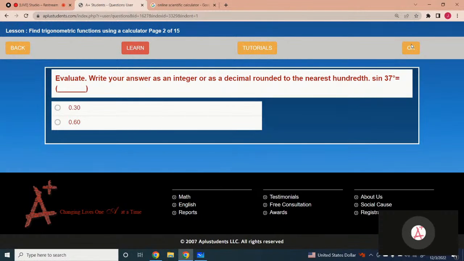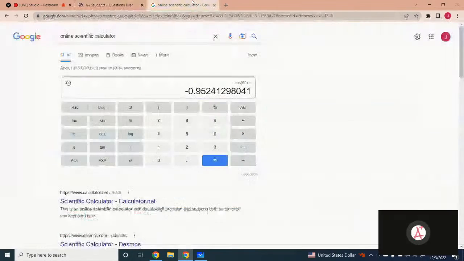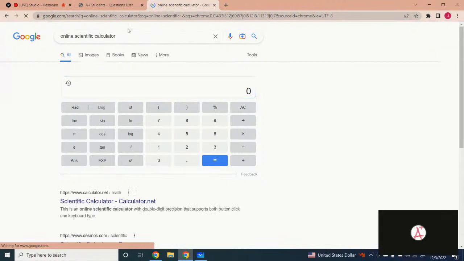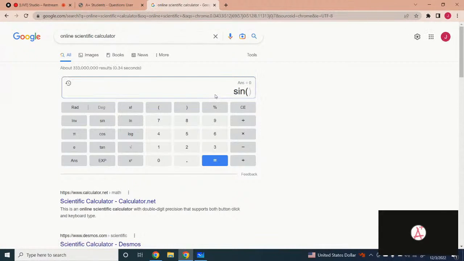Okay, evaluate your answer as an integer or as a decimal rounded to the nearest hundredth. Sine 37. Let me check if we can find sine 37 here. All the numbers are negative. I don't know what happened.